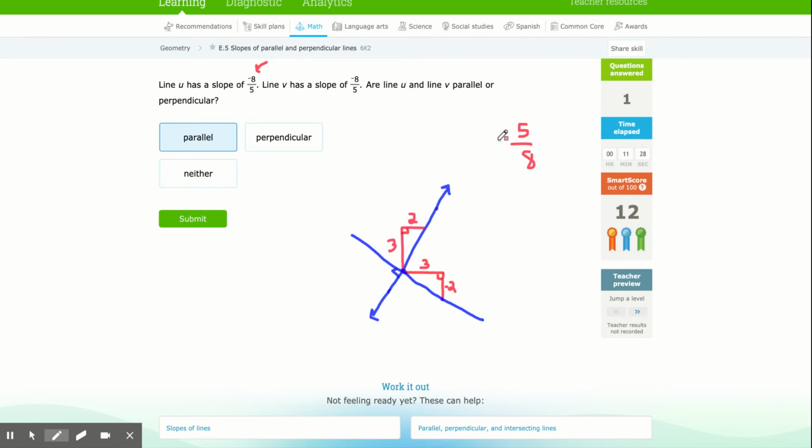If it's anything else other than the same or the opposite-sign reciprocal, then it would be neither. We'll get to more of those in just a minute. But think of it: the rise becomes the run, the run becomes the rise, and it changes sign. It'll go from positive to negative, or from negative to positive.